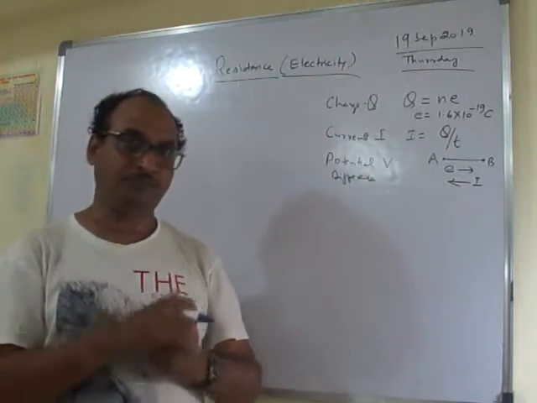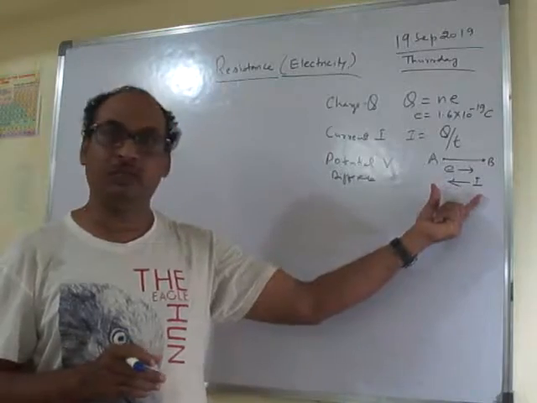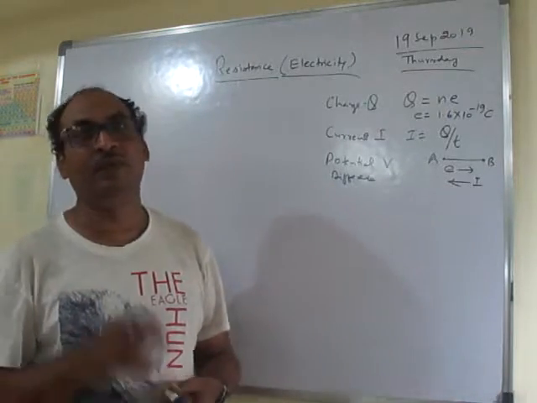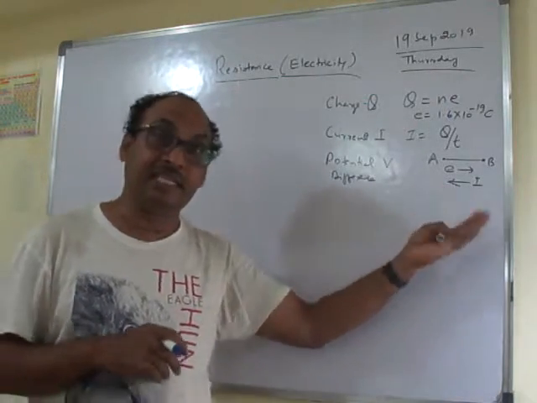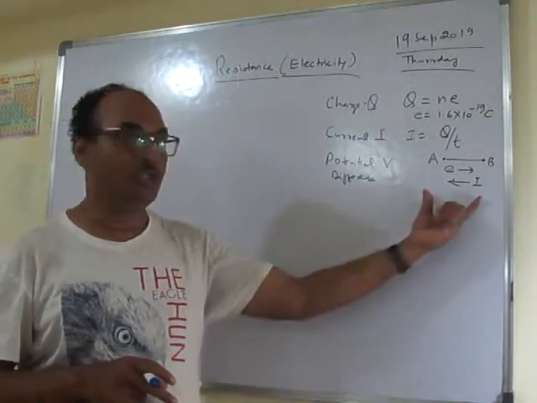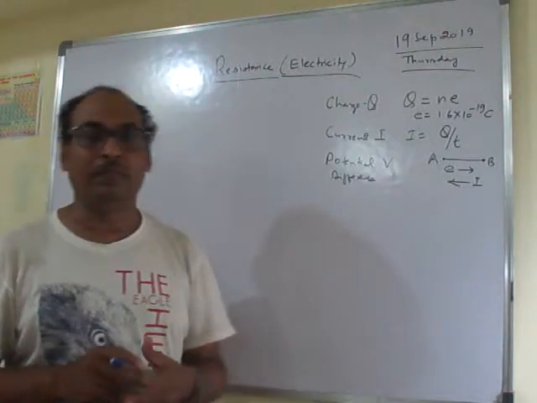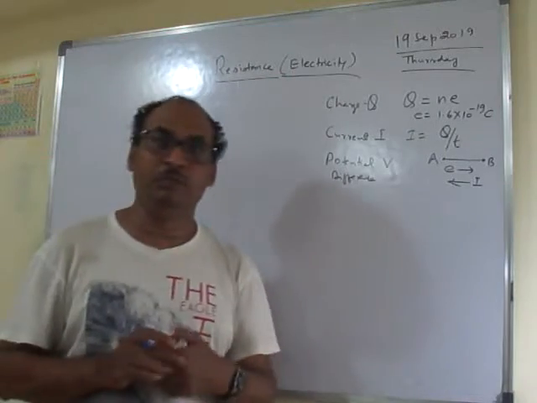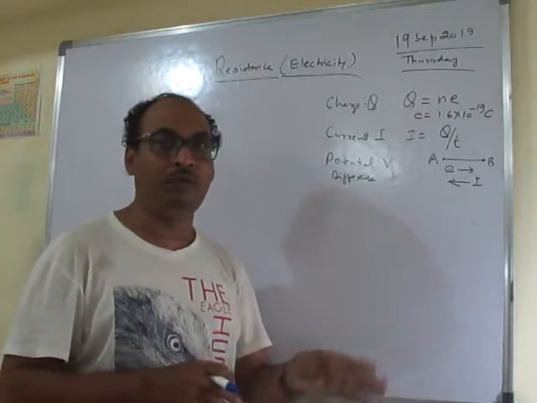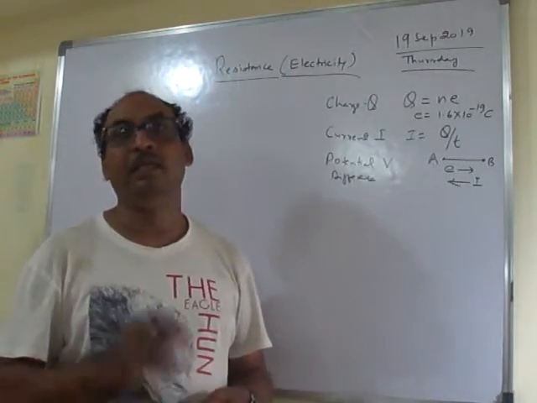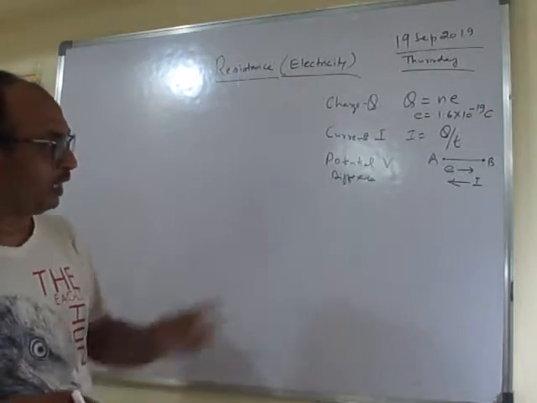In a circuit, the direction of current is from the positive terminal of the battery to the negative terminal, whereas electron movement is from the negative terminal to the positive terminal.